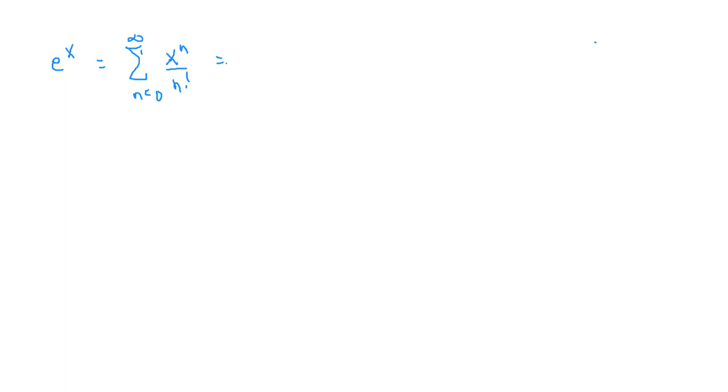And I'll write out a few of the terms just because I think it helps make things concrete. Okay, so let's say we wanted to do e to the power cheese.